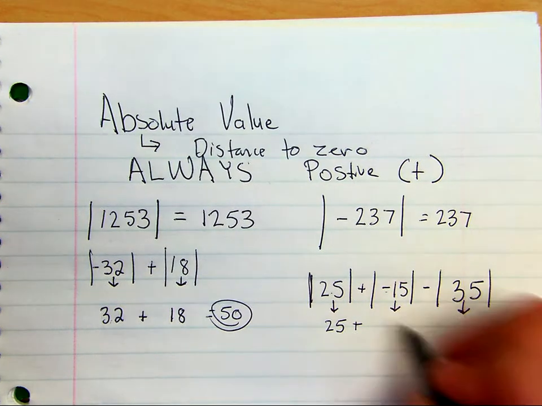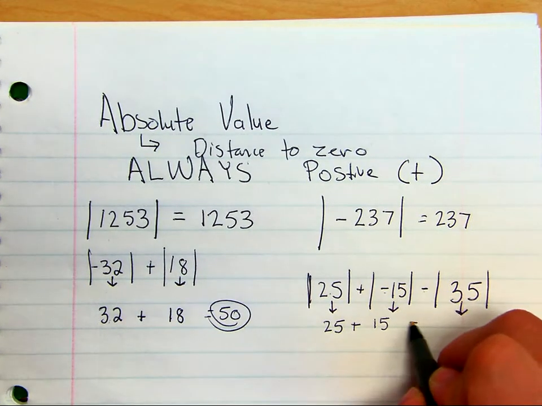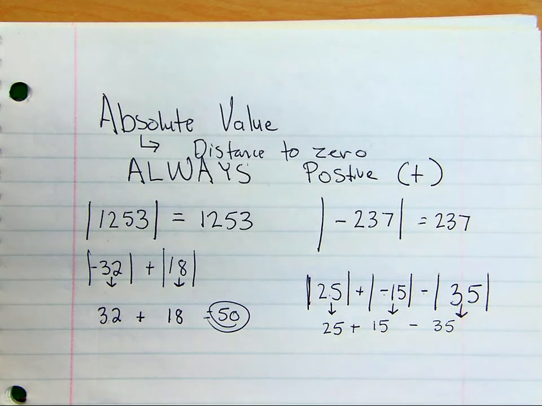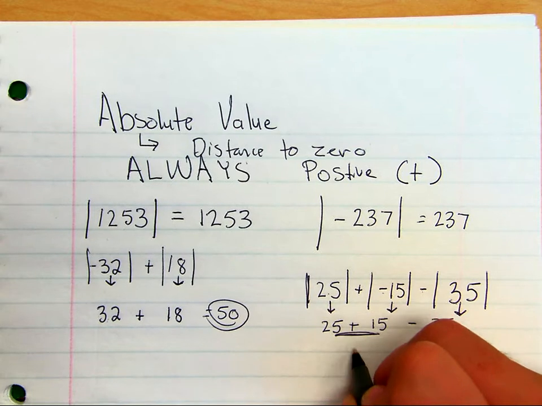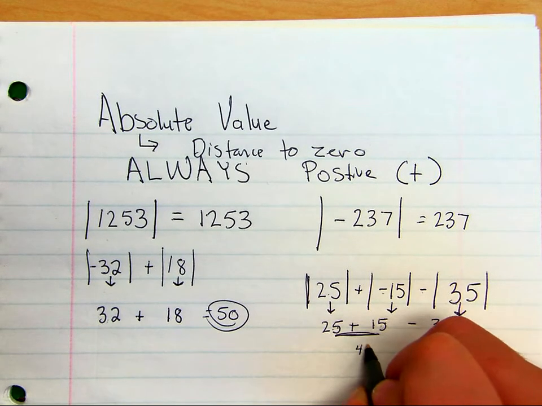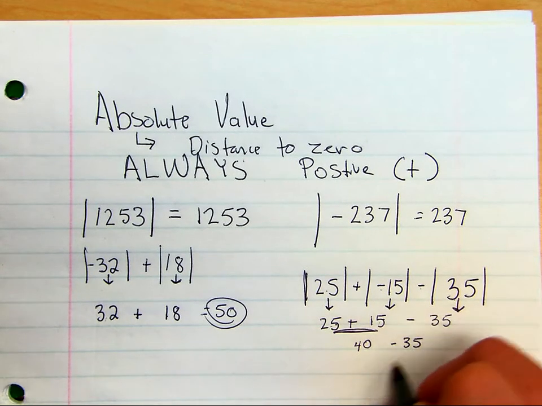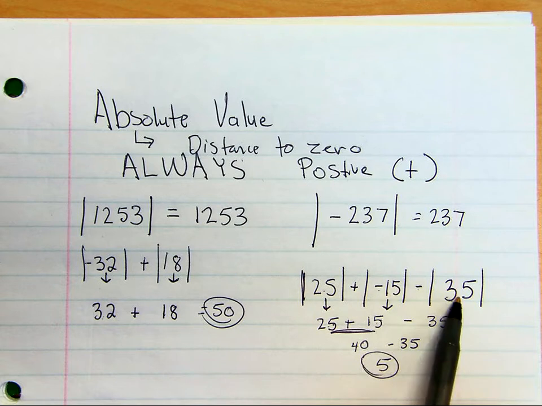The absolute value of negative 15 is 15. Bring down the subtraction sign. The absolute value of 35 is 35. 25 plus 15, that's plus 5 is 30, plus 10 is 40. Minus 35 is going to be 5. So again, I'm working out the things inside of the absolute value first, and then solving the problem.